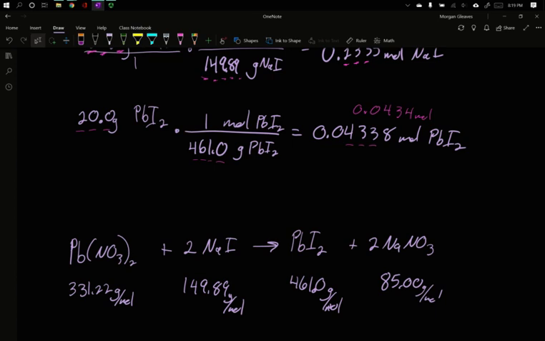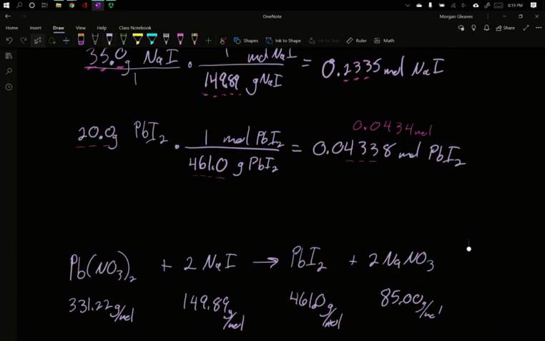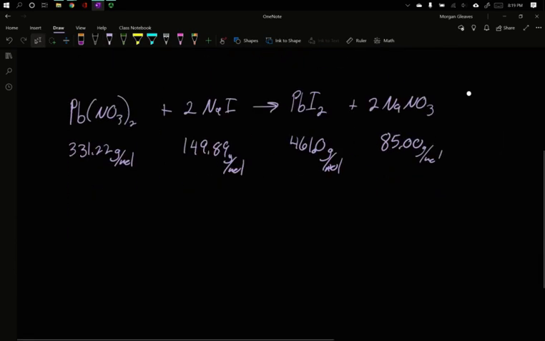We have a balanced reaction. I have that 1 lead nitrate plus 2 sodium iodide makes 1 lead 2 iodide and 2 sodium nitrate. So for each of these, we're going to use one of these values and we're going to calculate out something about the other one. Let's use sodium iodide to start. 0.2335 mole of sodium iodide.